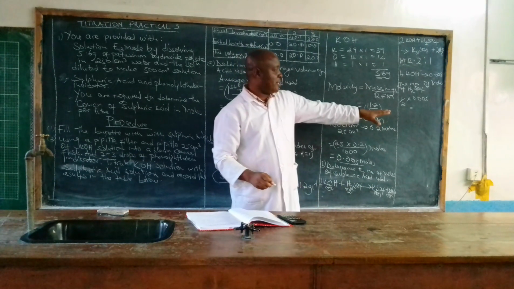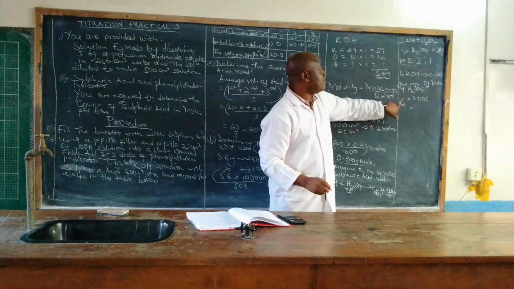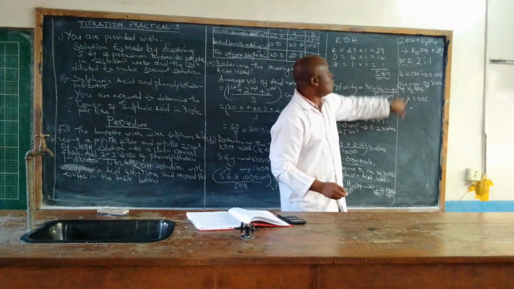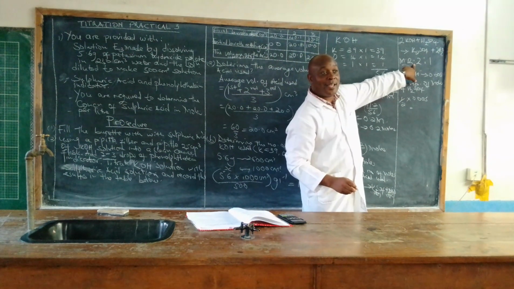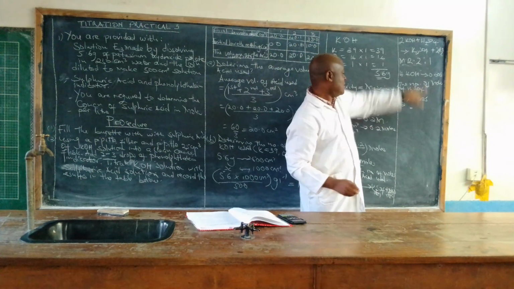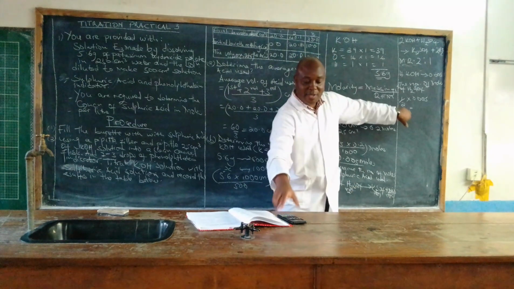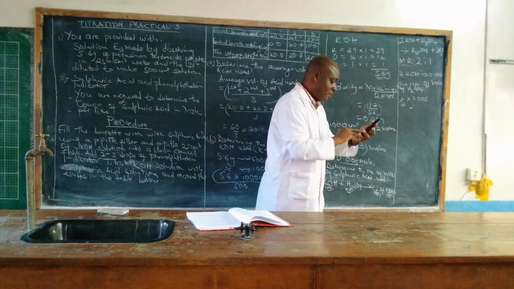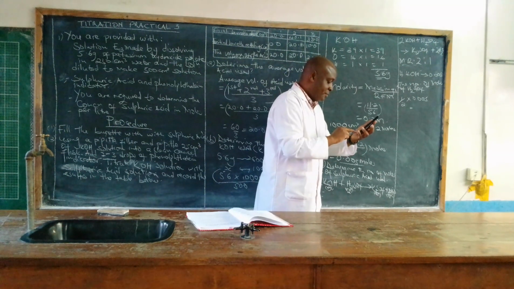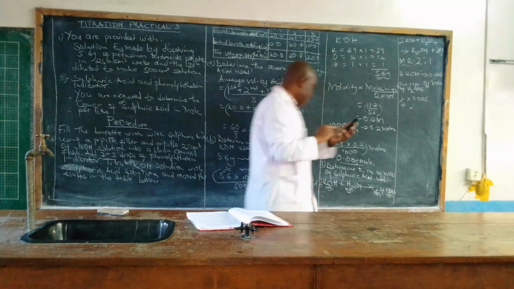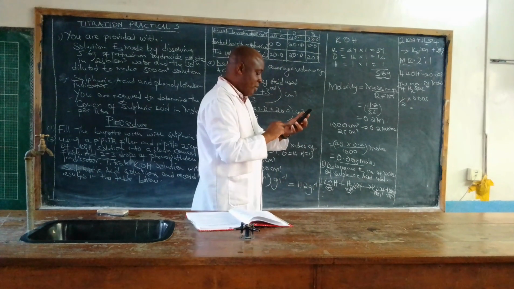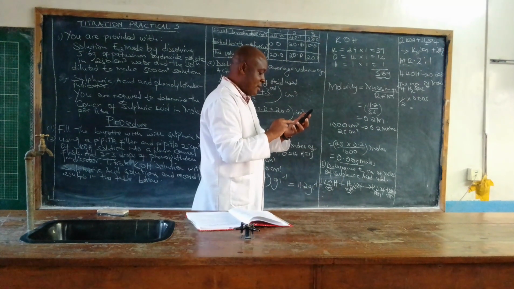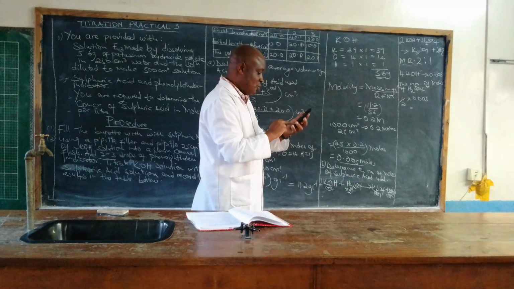We are dividing it by 2 because of the mole ratio. Are you really following? Yes. So it's going to give us 1 times 0.005 divided by 2, right?